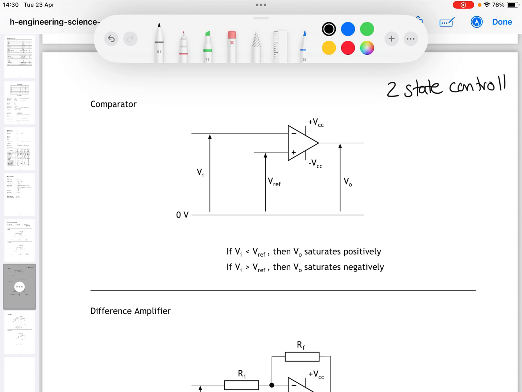You can see here that either our V out is saturated positively or negatively. So that means that either the output is fully on or fully off, and that depends on what the input signal is.